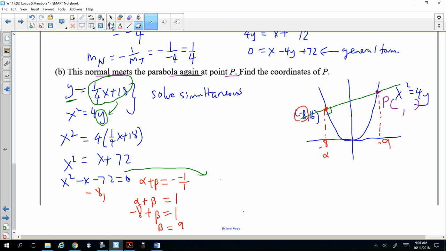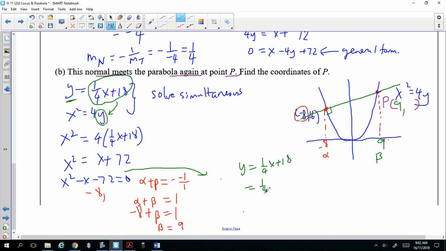So we've got positive 9 here. So that's beta, right? And once you know P has the x value of 9, you sub it back into the original one. So to get y equal to a quarter x plus 18, replace x by 9.